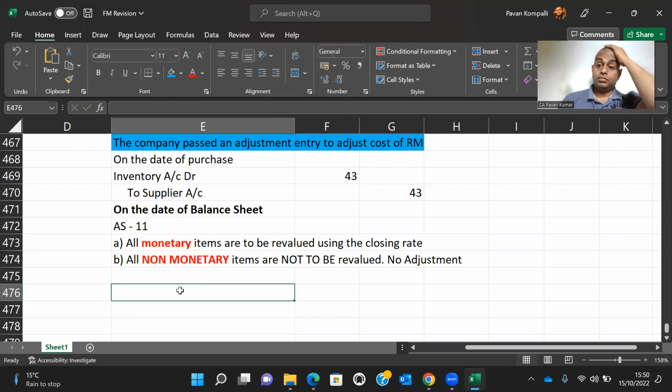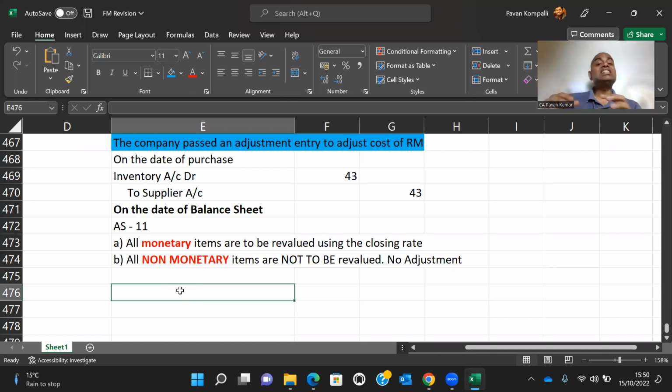Now another doubt. What is a monetary item? What is a non-monetary item? Monetary items are the assets and liabilities which are expected to be realized or paid at a predetermined rate. That means on the date when I liquidate this asset, how much I get, I know already.